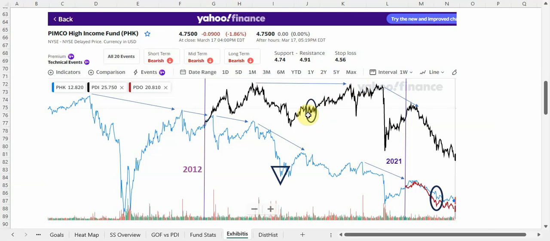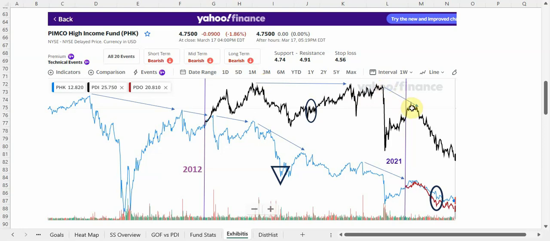And it appears to have worked too, because as you can see, during the next market correction, it was not only able to avoid PHK's continued decline, it was a significant contributor to the fund getting back to its previous high. And it was working pretty well until the great crash of 2020.